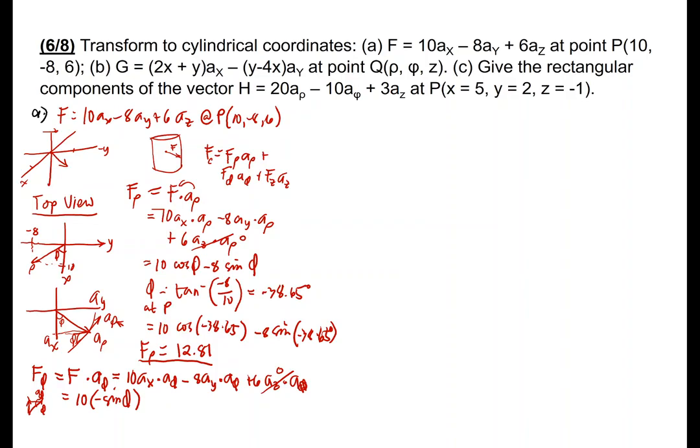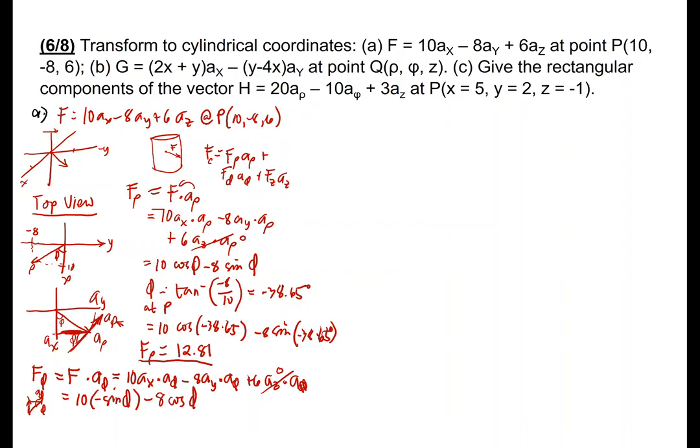So minus 8 ay dot aφ: in terms of y, it goes to the positive of ay. If you look at this here, y is the adjacent of angle φ, so we use cosine, positive because it points to the direction of the y-axis.